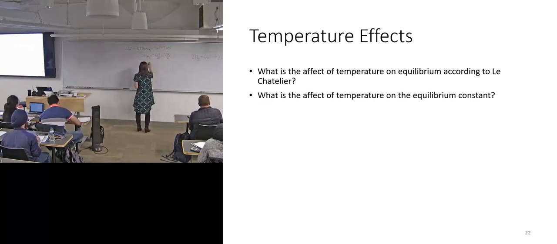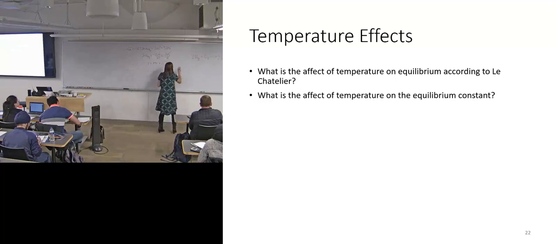So this looks kind of like a linear equation. What's the x? 1 over T, great. This is called the van 't Hoff equation, this piece here.